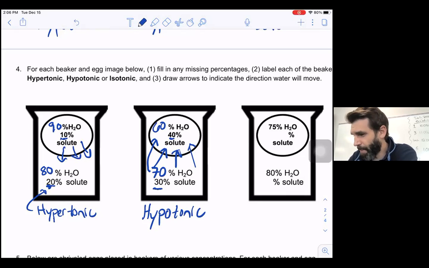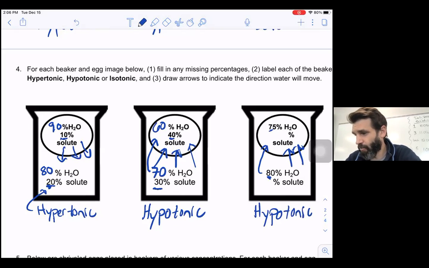In this one, I would say, oh, water is 80% outside, 75% inside. Water flows from high to low. So I'm thinking water is going to flow into this egg. So if water's flowing in, this solution must be hypotonic.